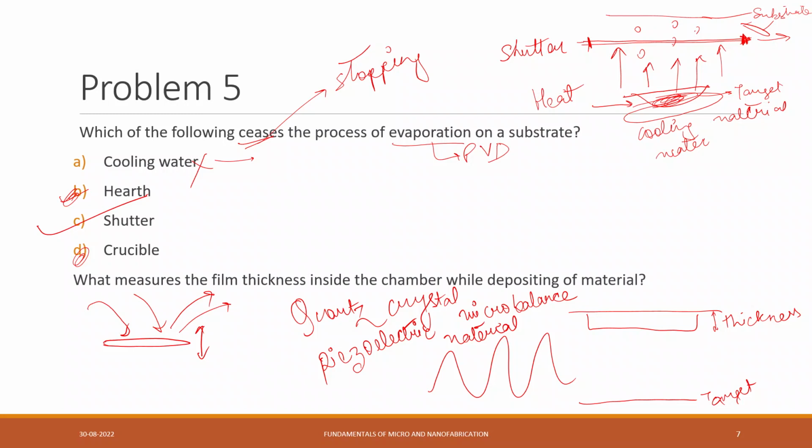This added mass changes its resonant frequency, so it will now oscillate at a different frequency. The computer can then process that we have got this much mass, and this much mass is related to this much growth of film.